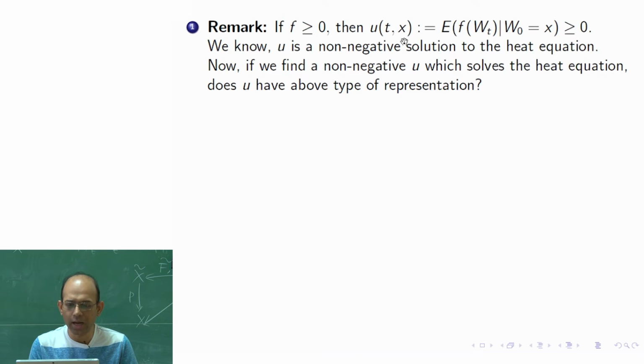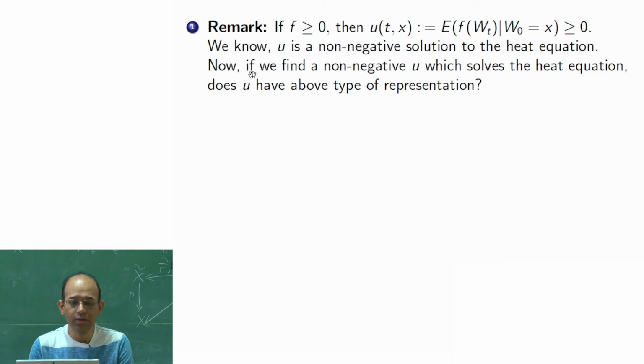Okay, so we are going to ask this question: if we find a non-negative u which solves the heat equation, that is, del u del t is equal to half into the second order derivative of u with respect to the space x. When we talk about multidimensional, we write the second order derivative there as the Laplacian, correct?